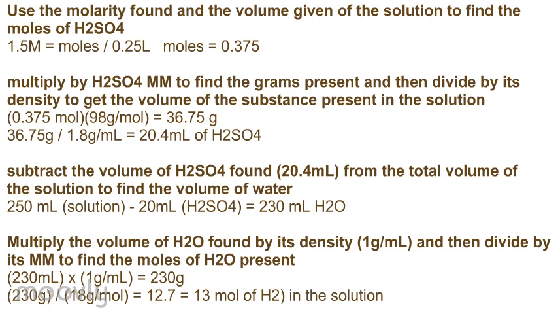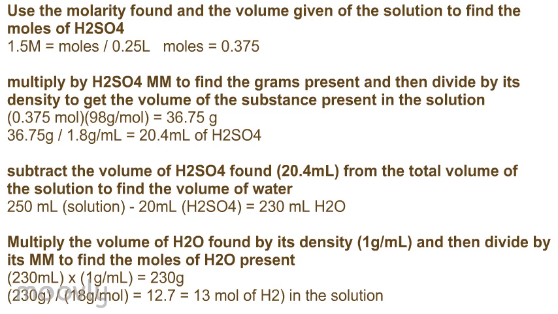So, do 250 milliliters minus 20 milliliters of H2SO4, and it will equal 230 milliliters of H2O. Then multiply this volume of H2O by its density, which is 1 gram per milliliter, and then divide by its molar mass to find the moles of H2O present.